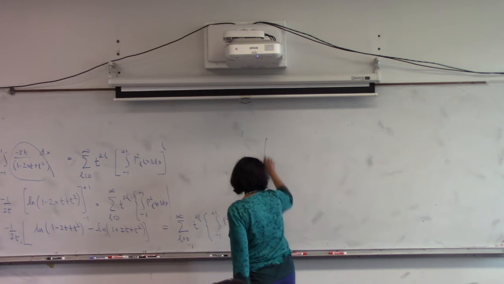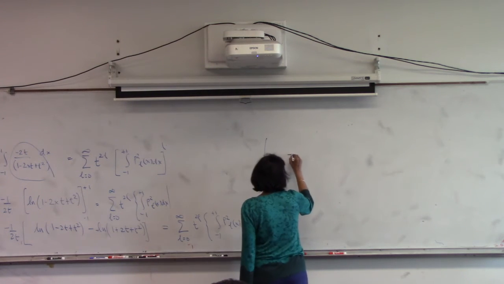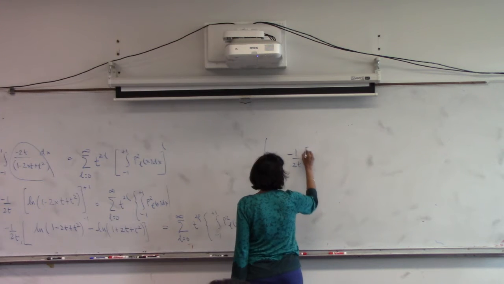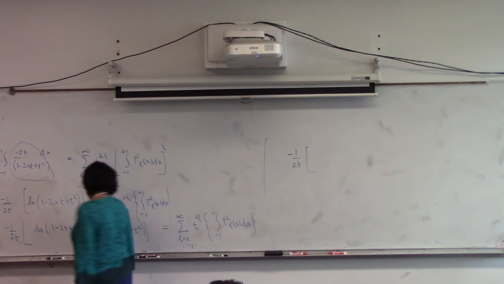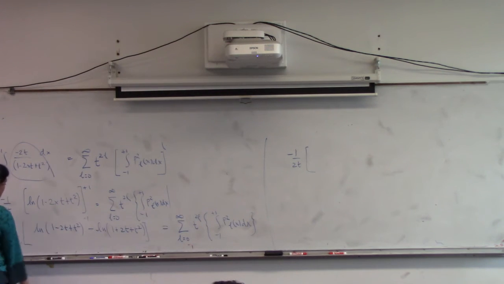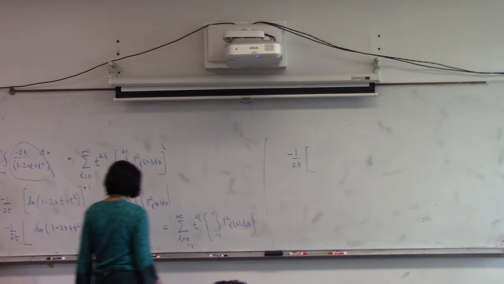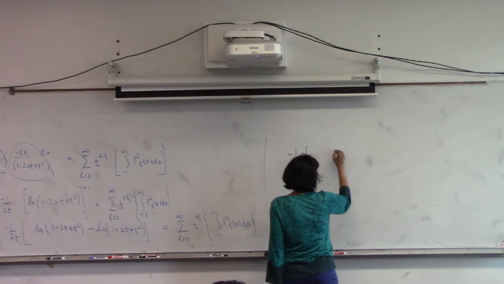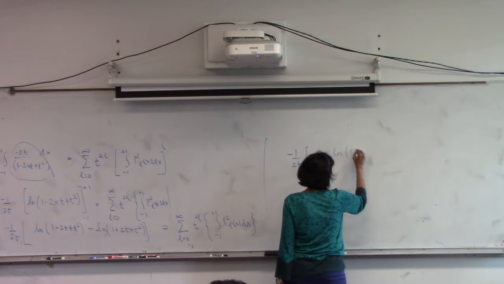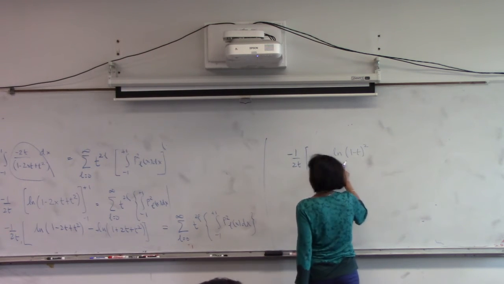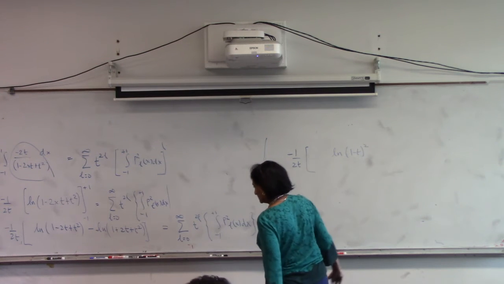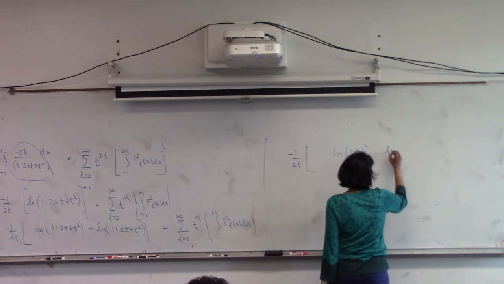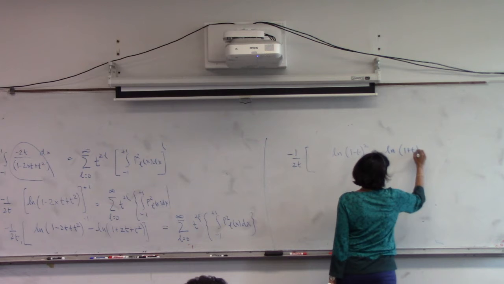All right. So it's -1 over 2t, and this is the natural log of 1 minus t squared, right? Minus the natural log of 1 plus t squared, whole square.